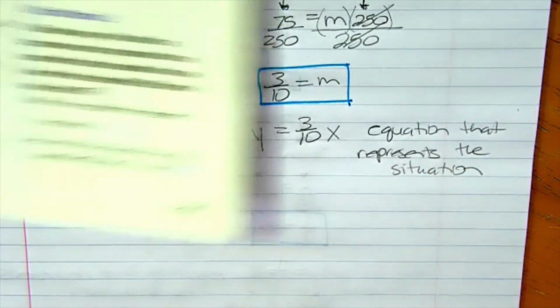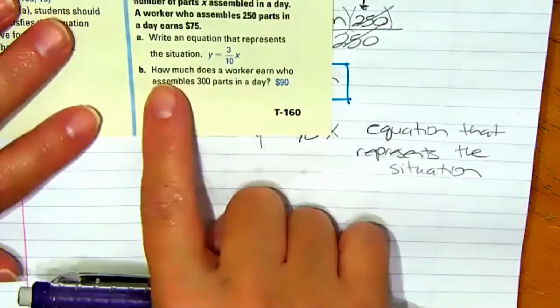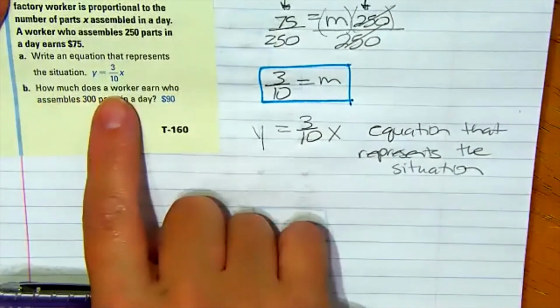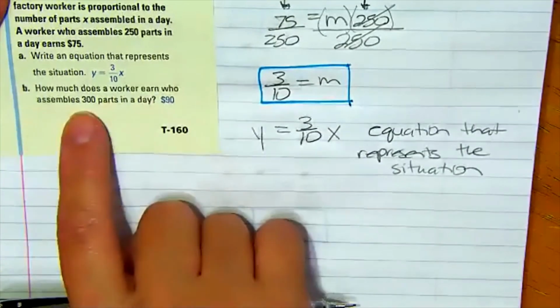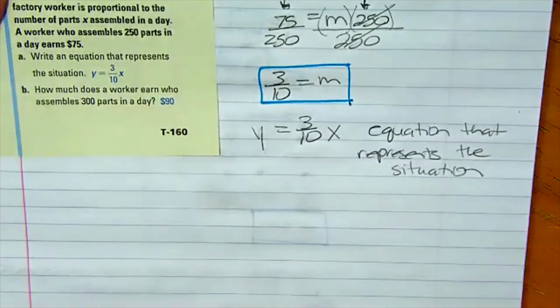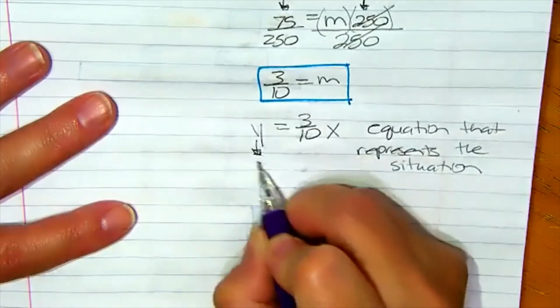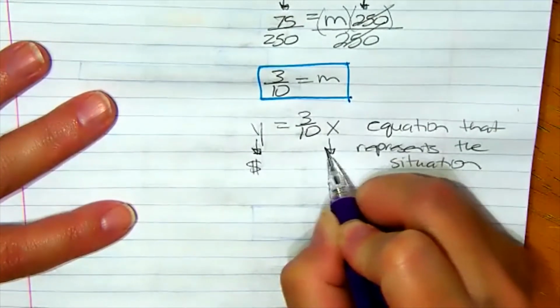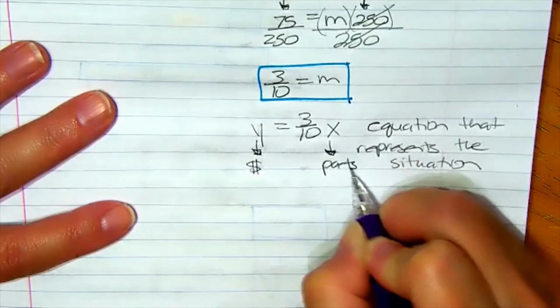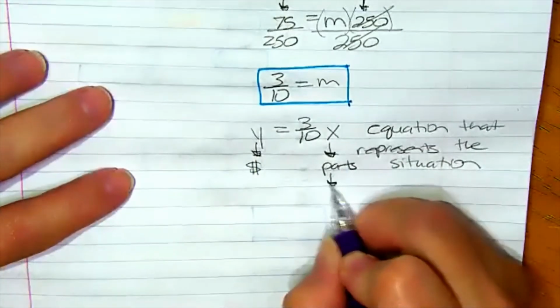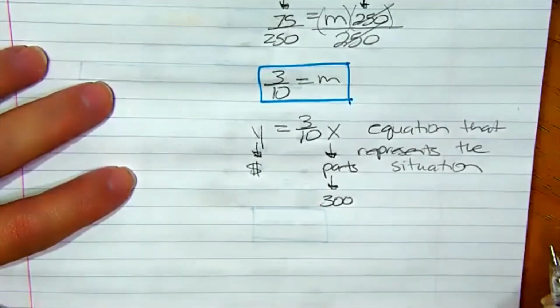Okay, the second part of the problem is asking me, how much does a worker earn who assembles 300 parts in a day? So we know y is money. We know x is parts. They're telling us somebody made 300 parts.